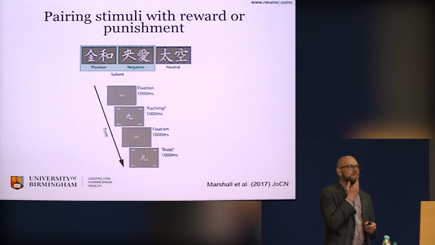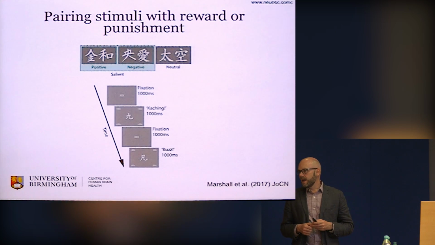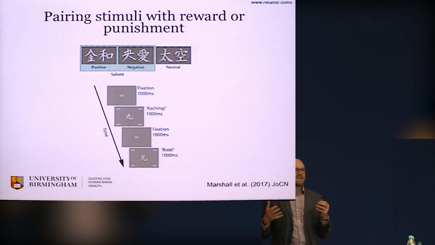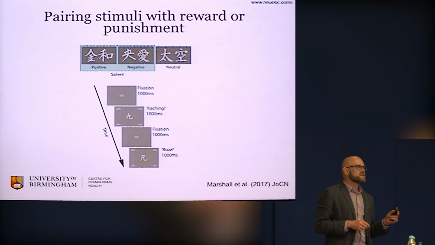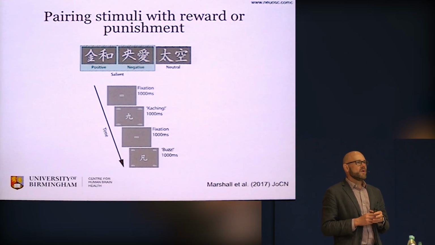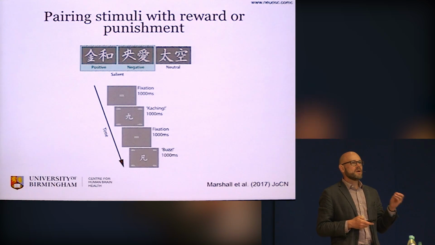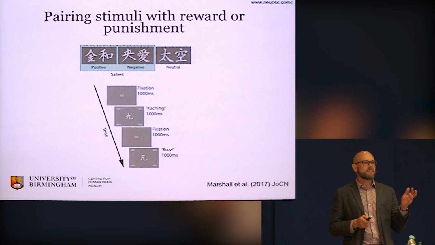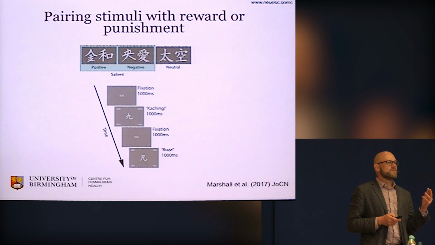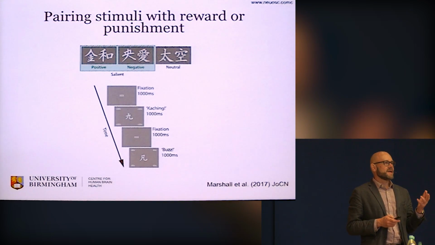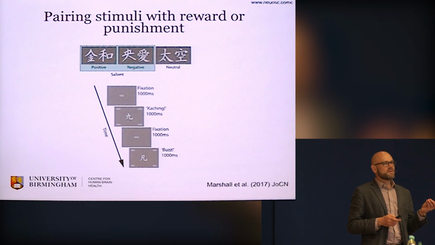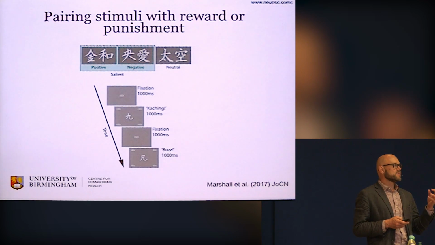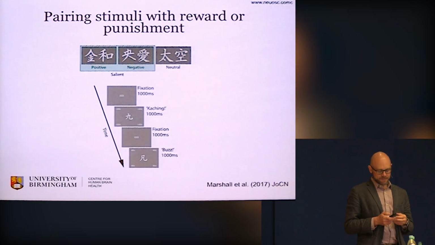And in this case, we have again been using a paradigm on hemispheric lateralization with an extra twist. And this extra twist is that the items we are using were either associated with reward or losses, right? So before doing the actual task, we trained subjects on different Chinese characters in this case. And some of those were associated with a monetary reward, and some of these became associated with a loss.